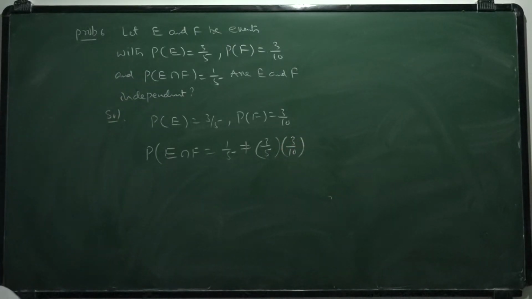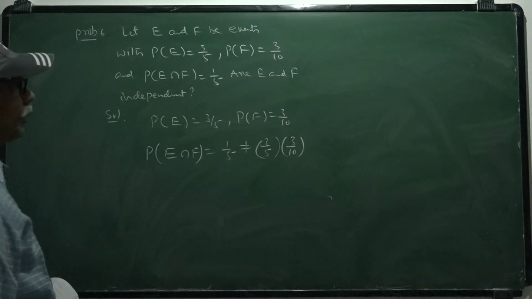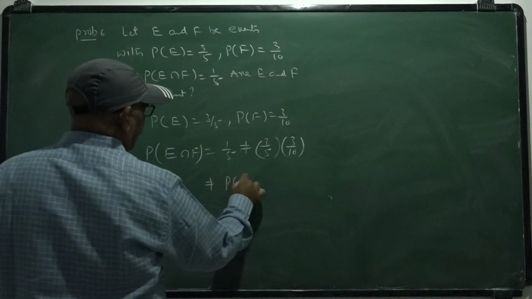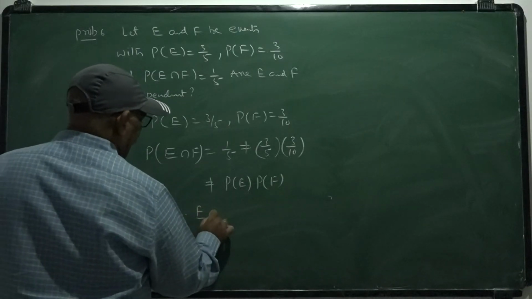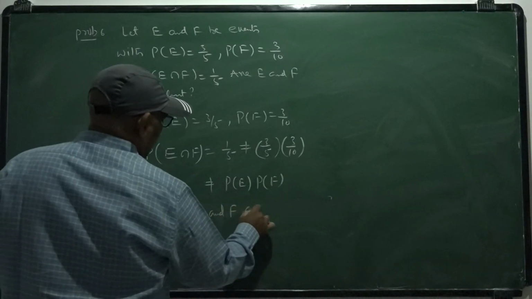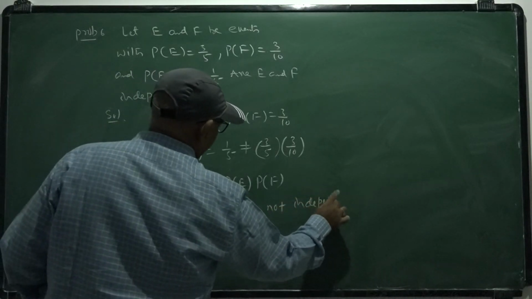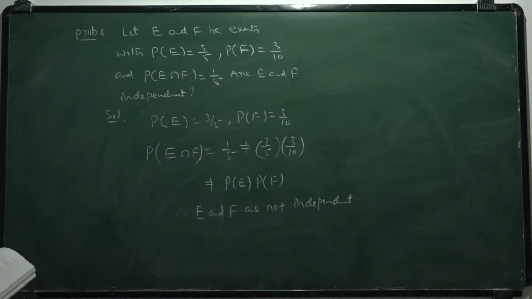So that is not equal to probability of E into probability of F. So E and F are not independent. This is a straightforward problem.